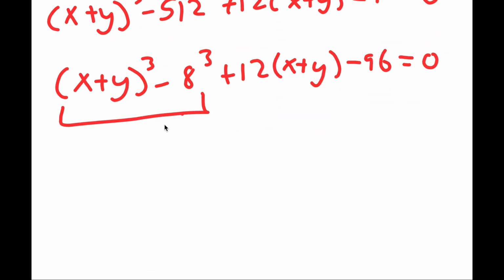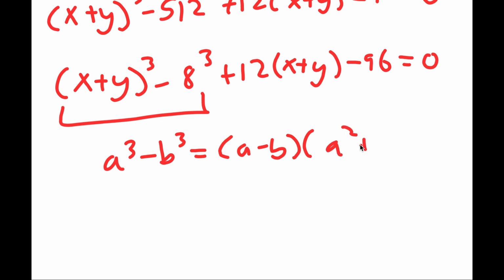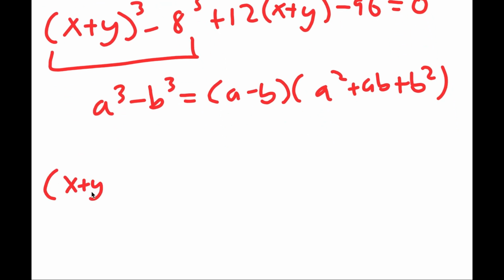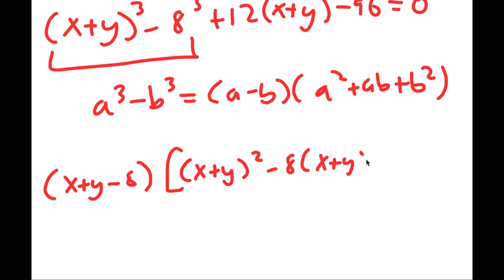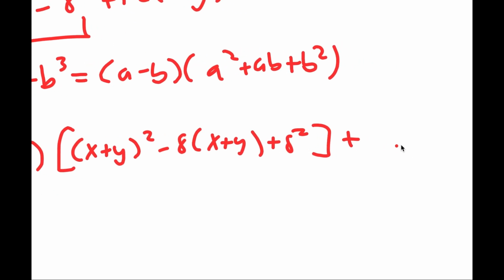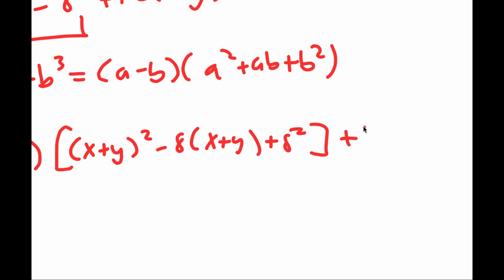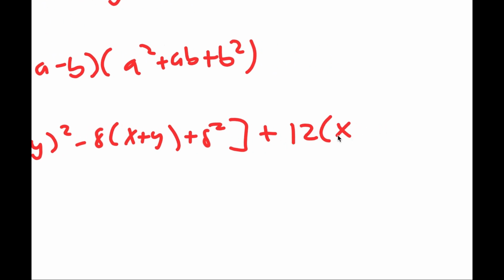And now if I have something in the form a to the power of 3 minus b to the power of 3, this is equal to a minus b times a squared plus ab plus b squared. So now this turns into x plus y minus 8 times x plus y squared plus 8 times x plus y plus 8 squared, plus 12 times x plus y minus 8 is equal to 0.